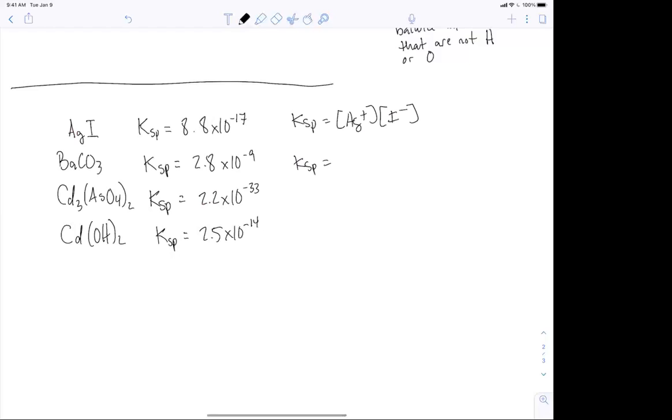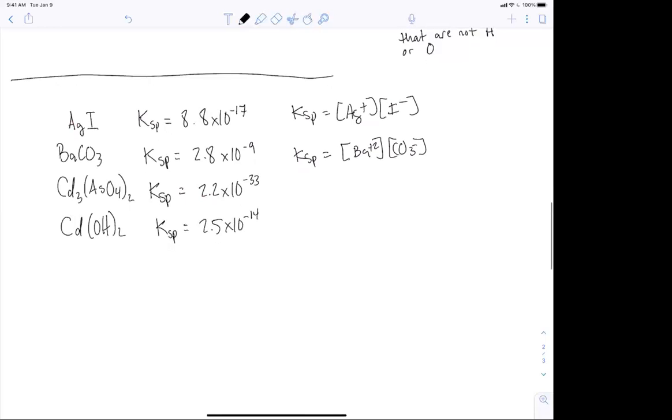For the first two, it doesn't really matter. You can compare those by KSPs. But it's these ones down here that get a little wonky.